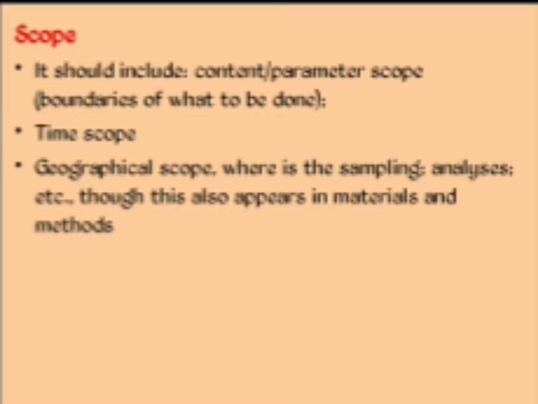All this is under scope. Things like geographical scope, where is the sampling, analysis, etc. Though this also appears in the materials and methods, in the introduction, because I told you from the start, introduction gives you a clear path of the research.